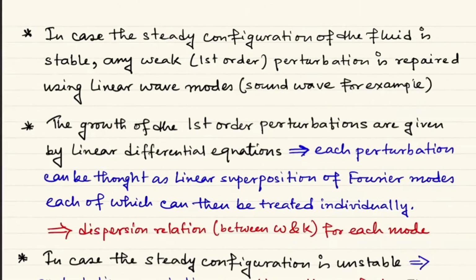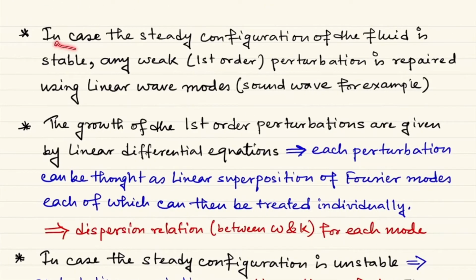Now for a fluid we will say the configuration is steady or unsteady. If the configuration is non-steady, then there is no question of perturbing it and searching for unstable or stable equilibrium.